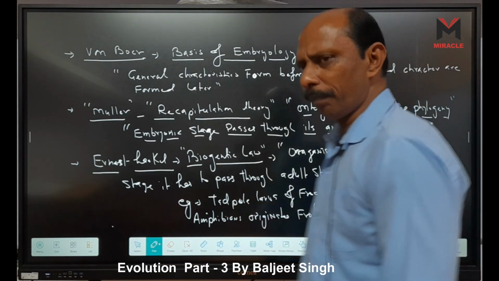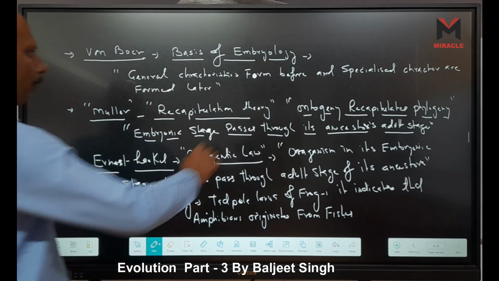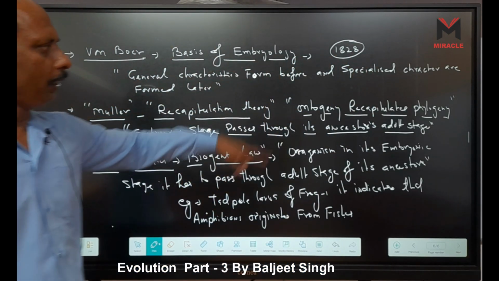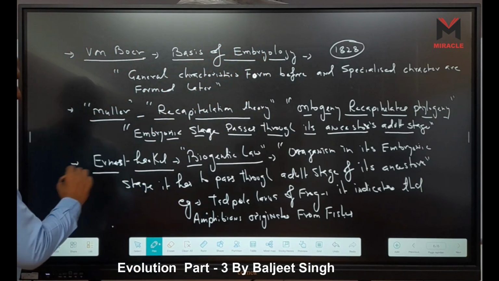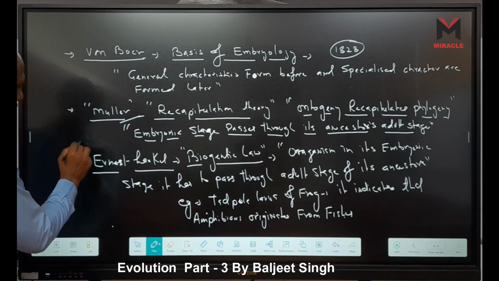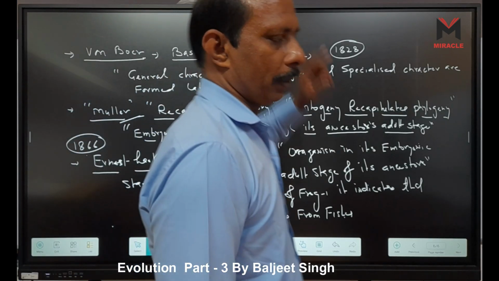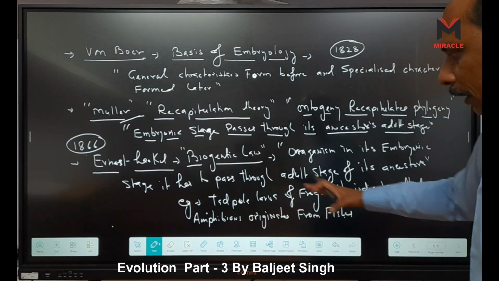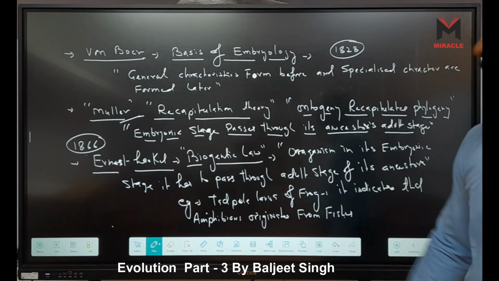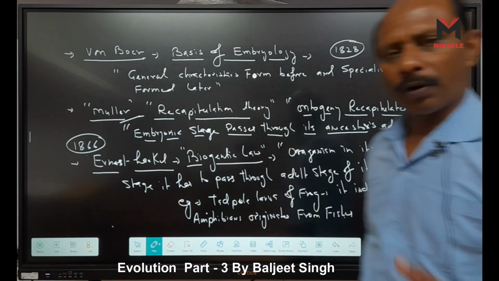He gave the examples also, but it is disproved by von Baer. How is it disproved? Von Baer is in 1828, and Ernst Haeckel is in 1866. Haeckel came later, but his idea was already disproved. Von Baer said general characteristics form before and specialized characteristics form later.